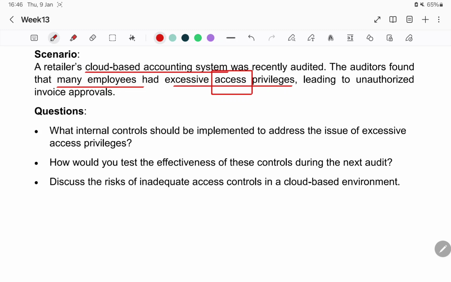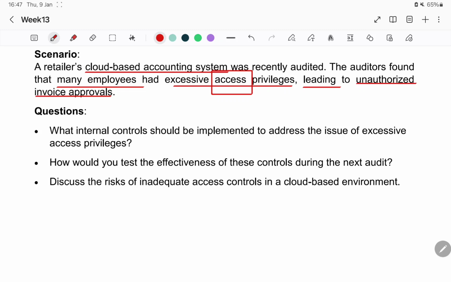Then what happens is it leads to this problem: unauthorized invoice approvals. Remember the supplier invoice process? When you receive the supplier invoice, you say, okay, this is a valid supplier invoice.